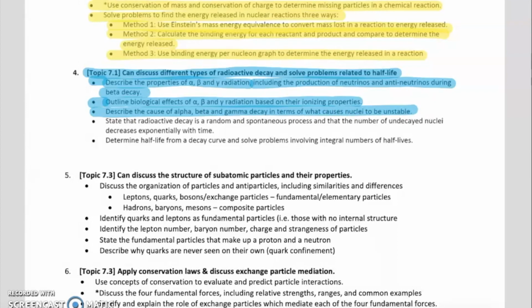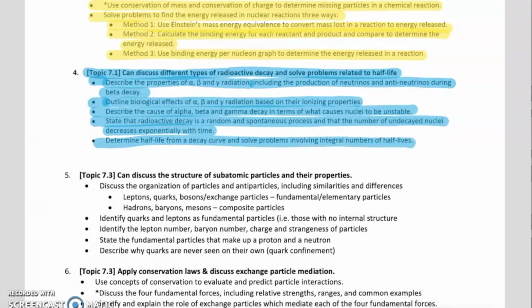We know that this decay is going to be a random process that spontaneously happens and on average will correspond to that half-life. And the half-life being that decay curve, we can use that to solve problems about how much of our radioactive substance will be remaining after a certain amount of half-lives.